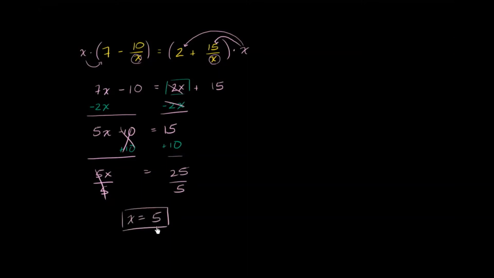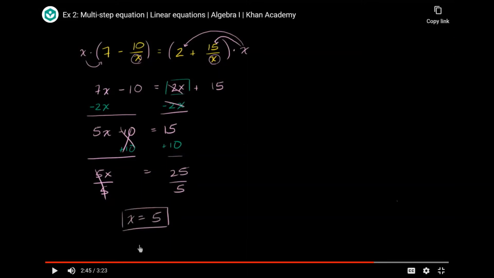Now let's verify that. That is your answer. If you did it this way or any other way, you should get 5. If you did not get 5, check back. You did something wrong, so check back, okay?